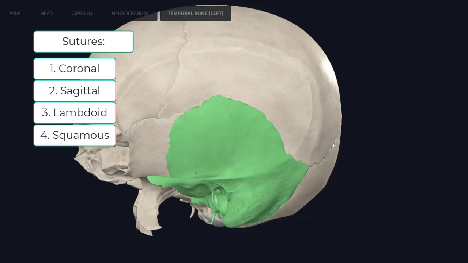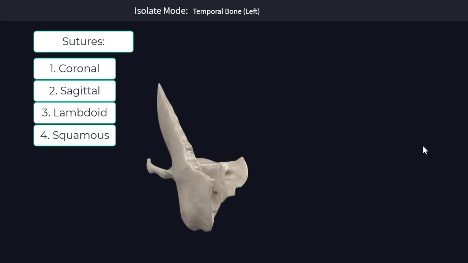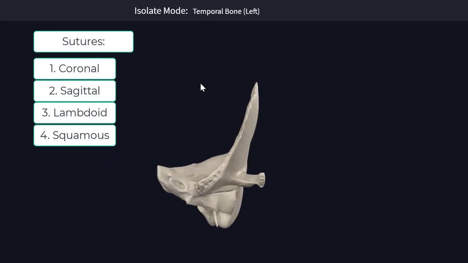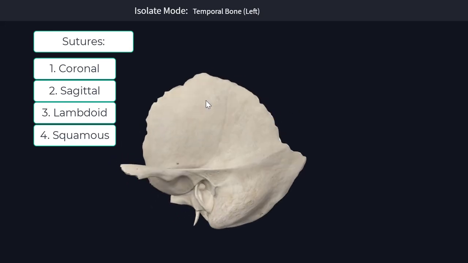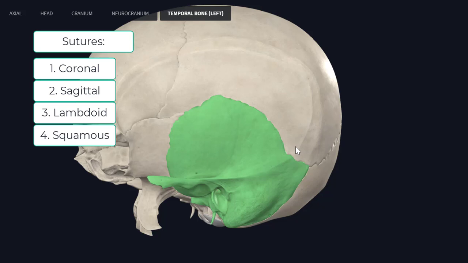When we isolate this temporal bone, I will show you very soon in the next videos that this part is a flat part, and actually squamous means flat, so that's why we call this the squamous suture. It's because it is created by the flat part, or the squamous part, of the temporal bone.